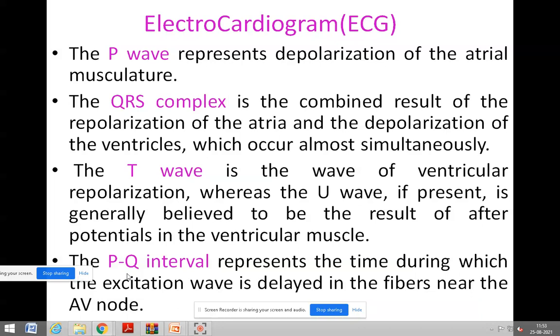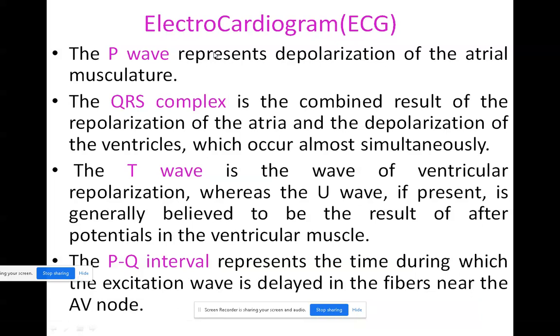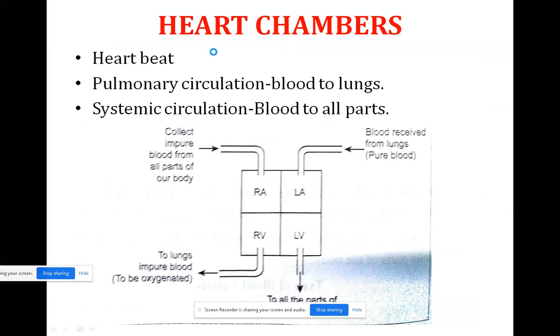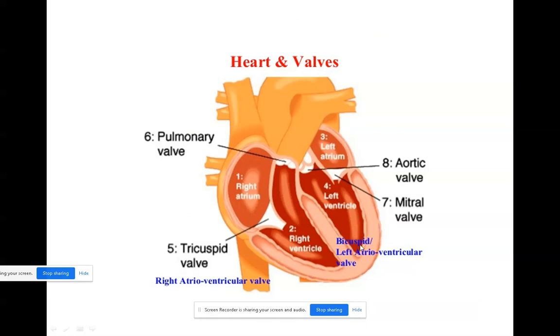So here the right atrium will receive the blood from all the parts of the body. While receiving the blood, what will happen to the atrium? Before receiving it, the atrium will look like an empty balloon.